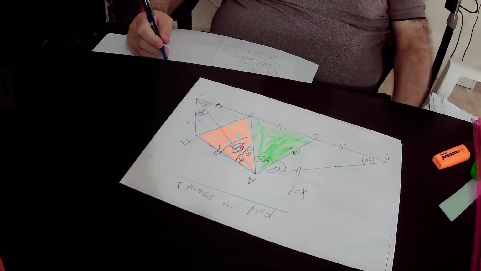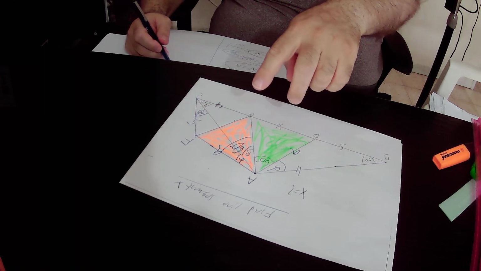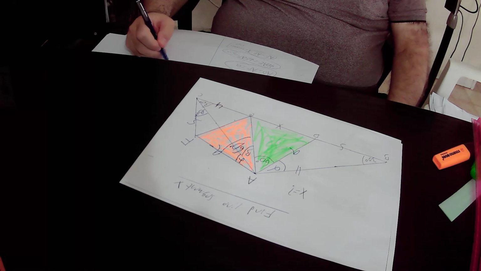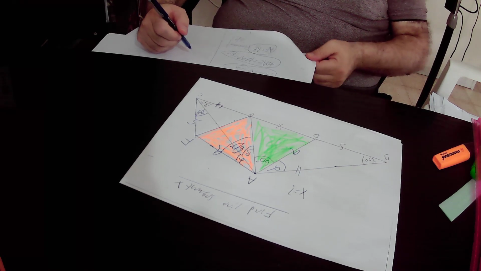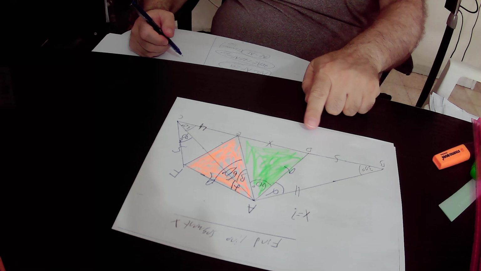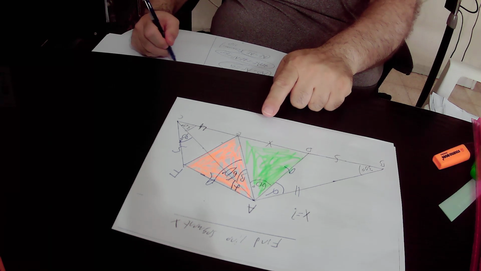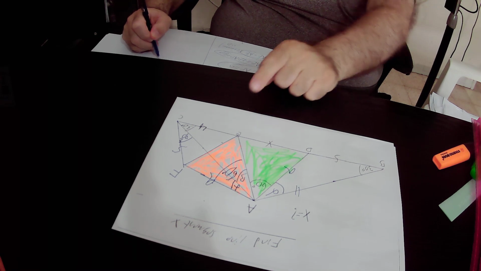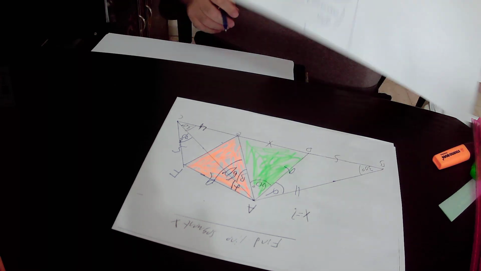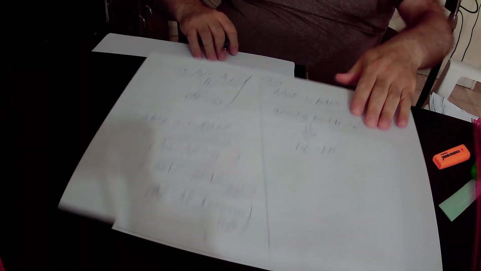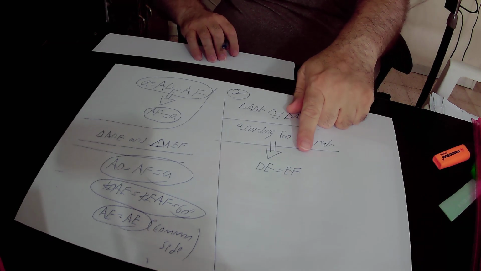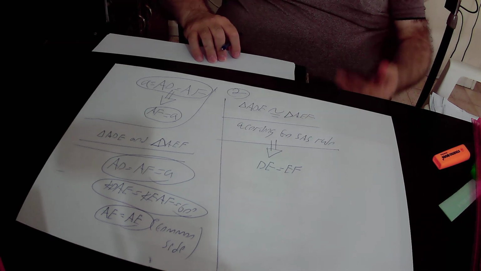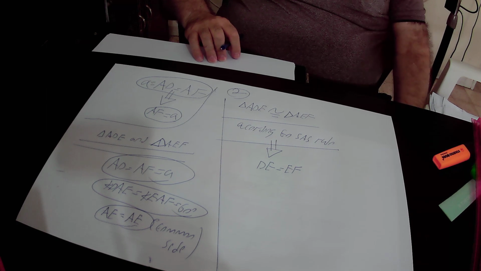From this, we conclude that side DE in the green triangle is equal to side EF in the orange triangle. Repeat again, side DE equals side EF, according to the same rule that corresponding sides in congruent triangles are equal to each other.